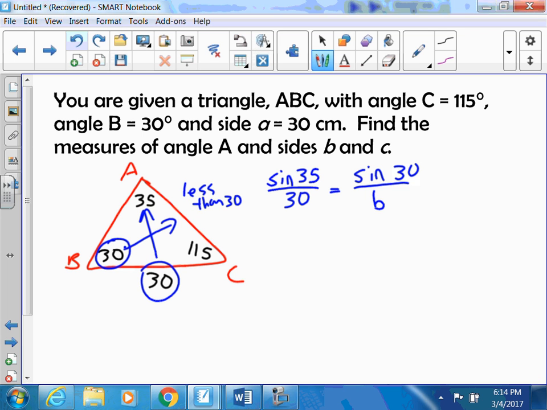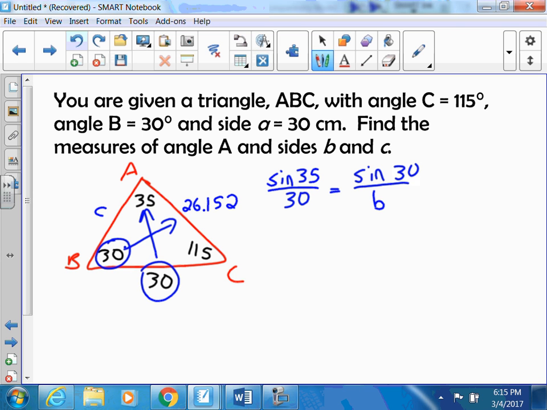Okay, so I'm going to do 30 times the sine of 30 and divide by the sine of 35. And I'm getting 26.152. Okay? And now we only have one more piece to find.